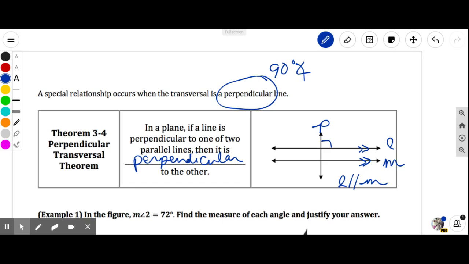But a matching number of arrows means they're parallel. So L and M are parallel. If P is perpendicular to L, it is also perpendicular to M. Perpendicular means there's a right angle, 90 degrees. Those are corresponding angles. So if that one's 90, so is this one. So P is also perpendicular to M. That's the perpendicular transversal theorem.